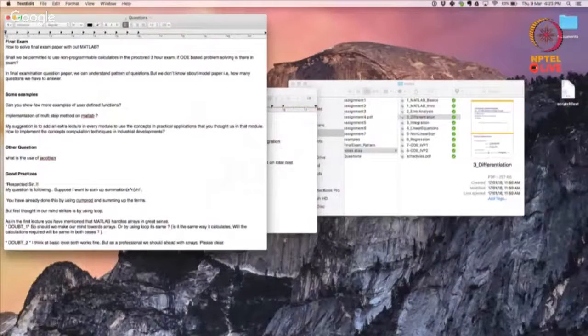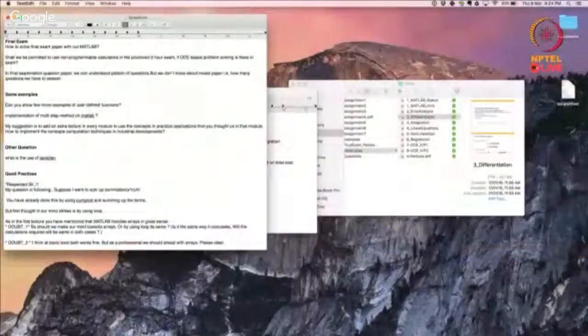The next set of questions was, can you show a few more examples of user-defined functions? I'm not very sure what the person who asked the question meant by user-defined function. So if you have a question in the live chat, you can ask that and I can answer that question.